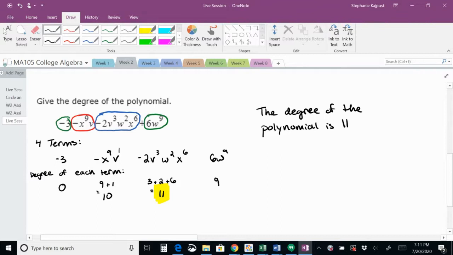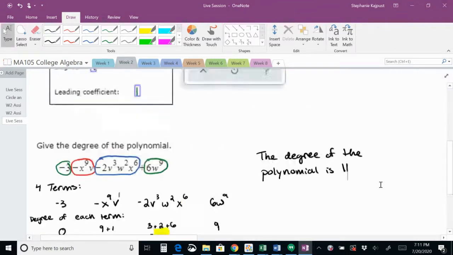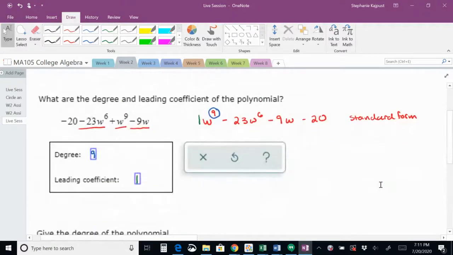So it's the highest out of all of those exponents, just like in the previous example that I did. It's just that involved one variable, so we didn't have to add exponents together to get the degree. Are there any questions?